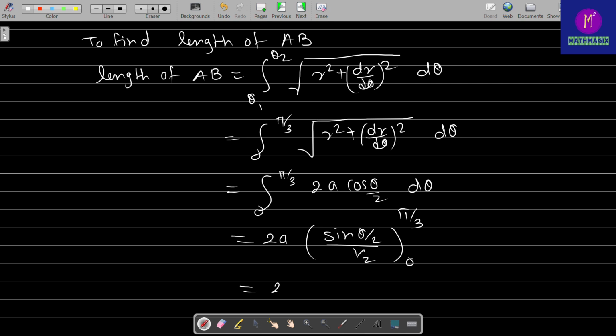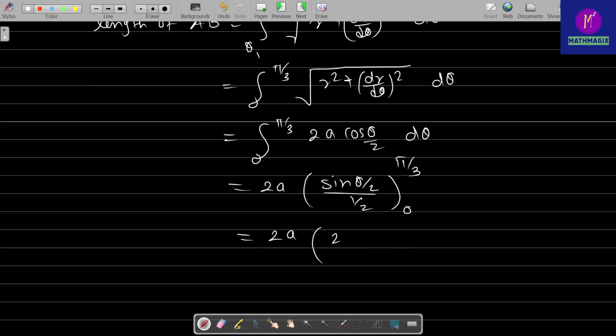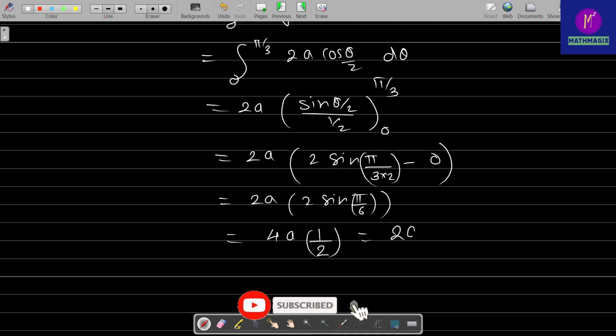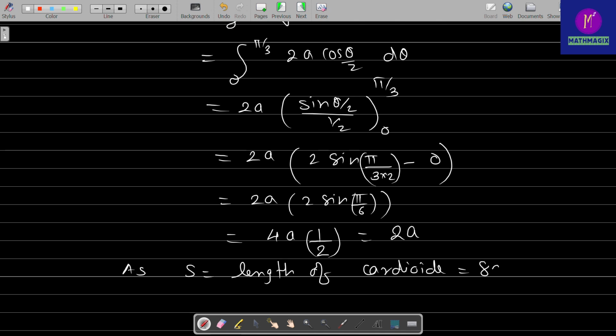So this is equal to 2a into, this 2 will come up, it will be sine pi by 3 into 2 minus, if I substitute 0, sine 0 is 0, so the whole thing will turn out to be 0. This is equal to 2a into 2 sine pi by 6. So the answer is 4a sine pi by 6. Sine pi by 6 is nothing but sine 30 degrees, which is half. So we will get the answer equal to 2a.